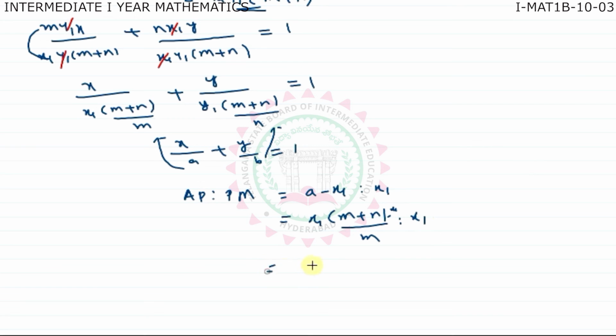So here I am taking LCM. I am taking m as LCM. This is m x1 plus n x1 minus m x1, ratio x1. Again m x1 cancels. So this is n x1 by m is to x1.